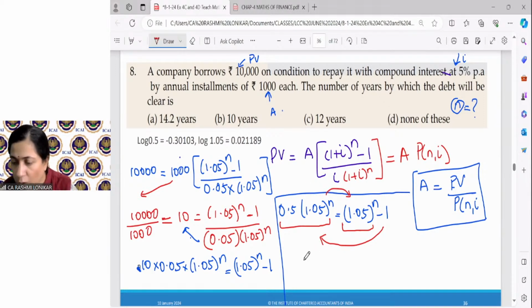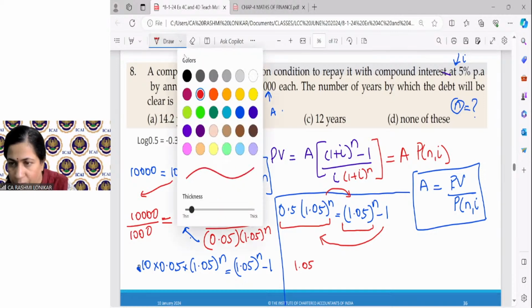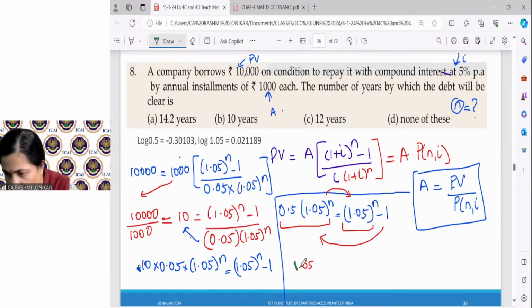So what I have is 1.05 raised to n minus 0.5 times 1.05 raised to n is equal to 1.